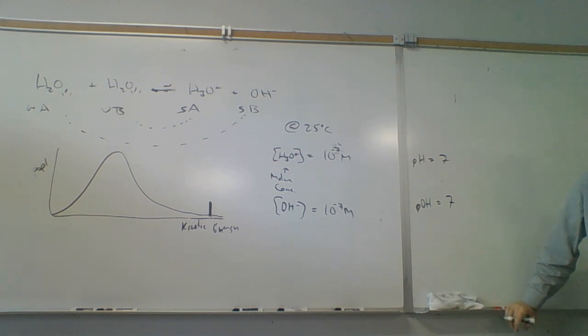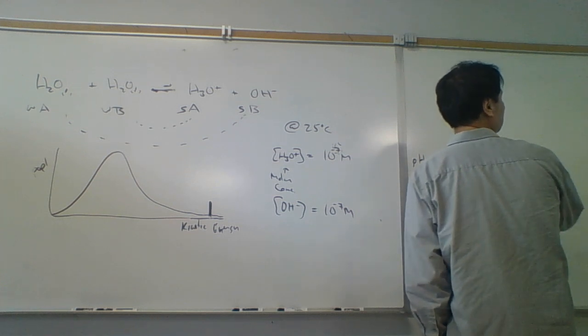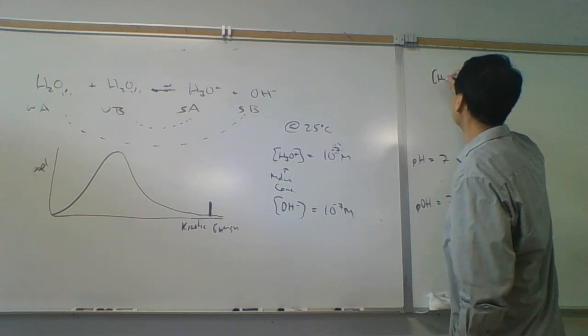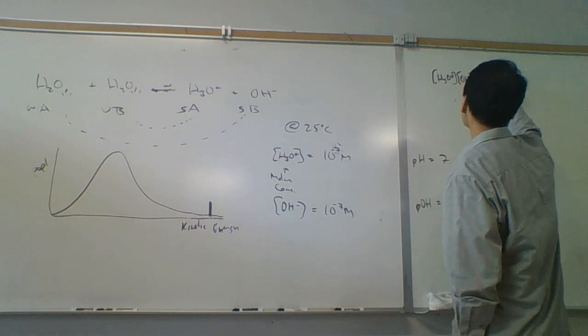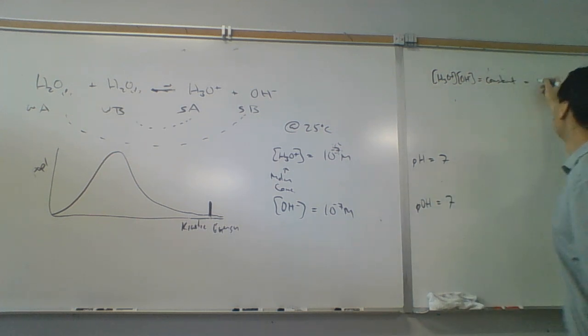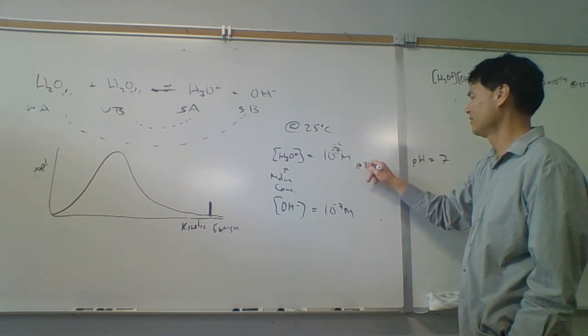Now an interesting thing happens here. A couple of things. One, the hydronium times the hydroxide ion concentration is equal to a constant. And it's going to equal 1.0 times 10 to the minus 14 at 25 degrees C. These are at 25 degrees C, by the way.